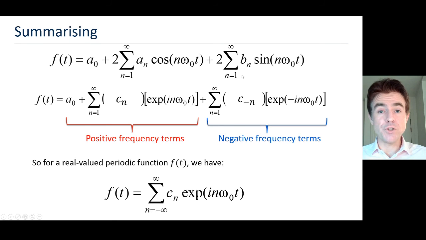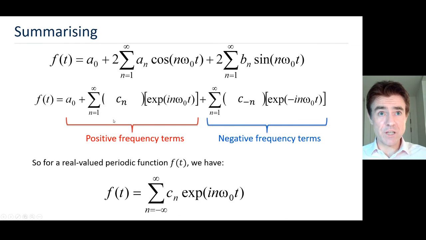And then by using Euler's formula, we can substitute for cosine, substitute for sine, and then we end up with this middle expression here where we've got the constant offset term, then we've got positive frequencies given here with their complex coefficients and negative frequencies with their coefficients c minus n.